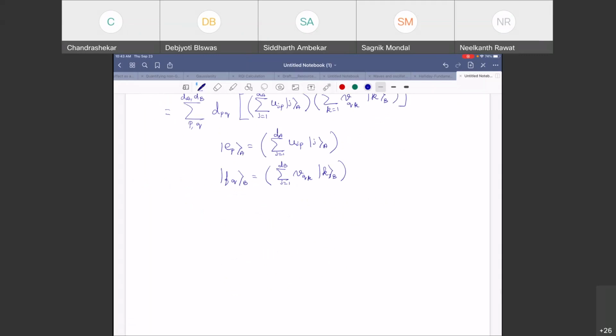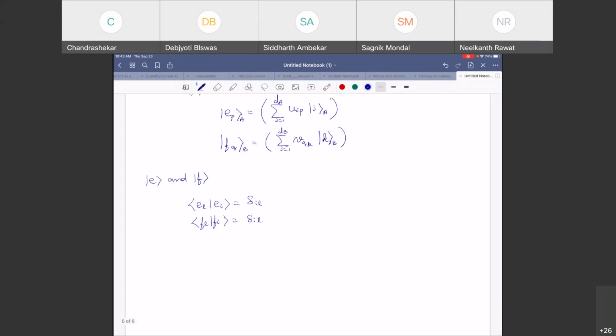We can see these two sets of vectors, E and F, satisfy the orthonormality condition, that is, E_L E_P is equal to delta, and similarly for F. Okay, so these are orthonormal bases, and so we can write the state psi AB in this form.